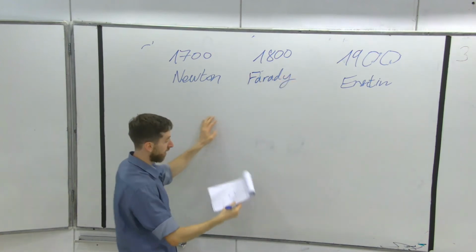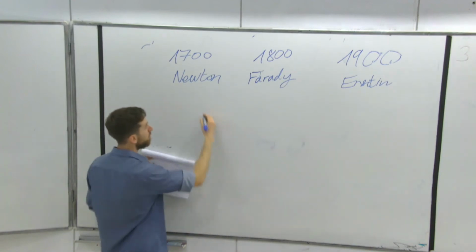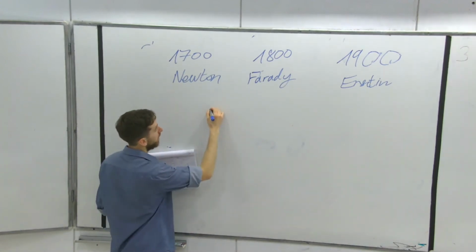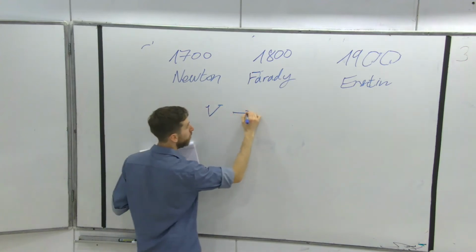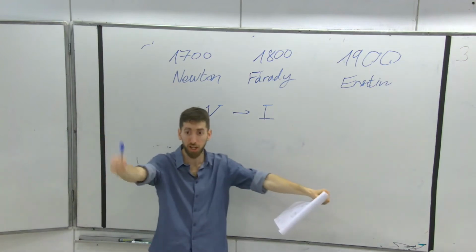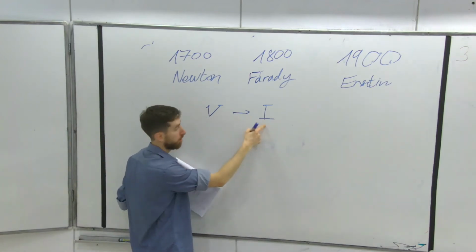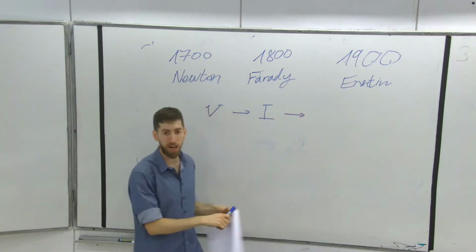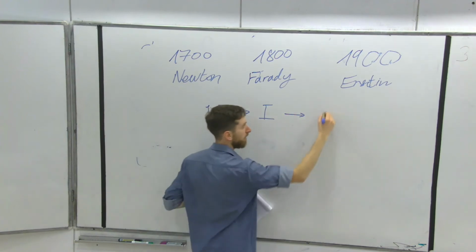Faraday noticed something crazy. Remember that we talked about how if we have a voltage, it produces a current, right? I put here a potential. Charge would like to go in some direction, right? We give them energy. And what did we learn about the right-hand rule? It makes a magnetic field.